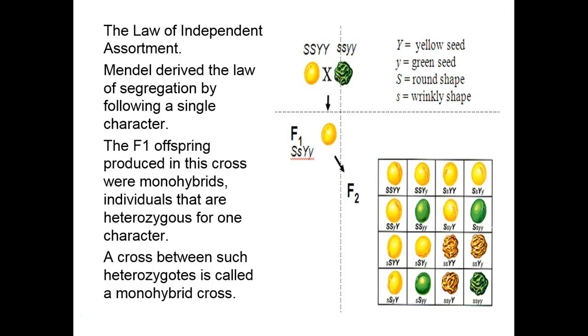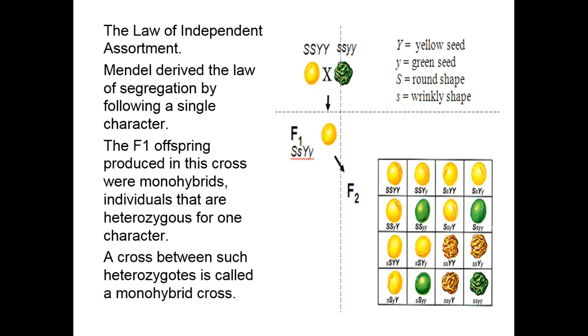And so you have, with the F1 offspring, the cross were monohybrid individuals that are heterozygous for one character. The cross between heterozygous individuals is called a monohybrid cross. But what can happen is you can have a couple of different traits, and they can also be followed.